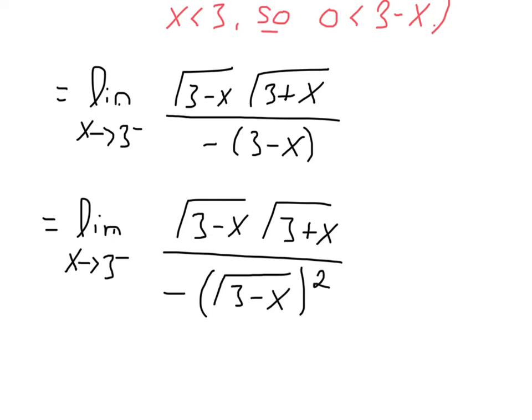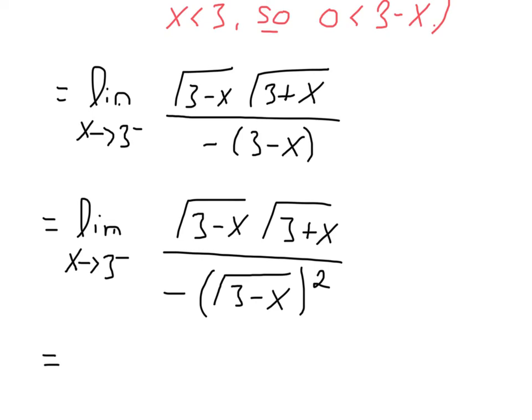The square root of any non-negative number is just that number. So we can do that, and now I see root 3 minus x in the denominator and the numerator, and I can cancel.